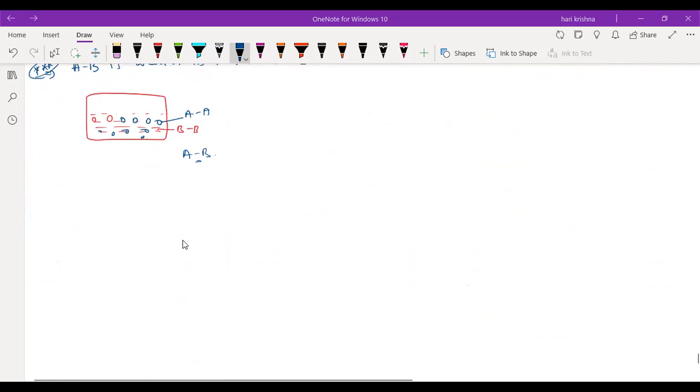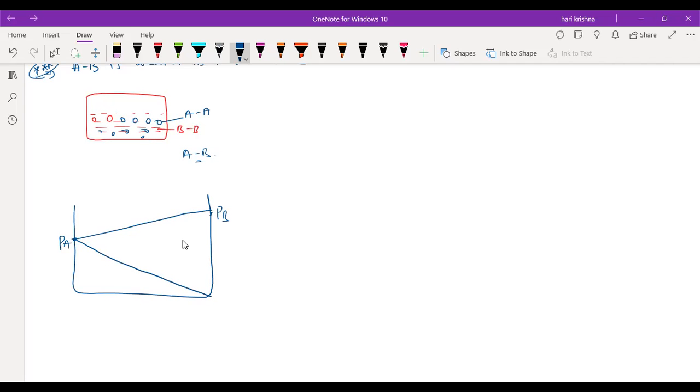I will draw the graph for that one. Wait one minute. So the same graph will follow here. You know already how we got this ideal solution graph, right? This is the ideal solution graph. X A equal to 1, X B equal to 0, X B equal to 1.